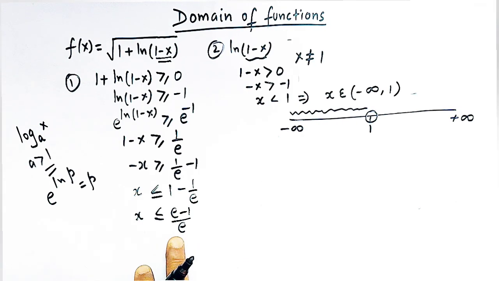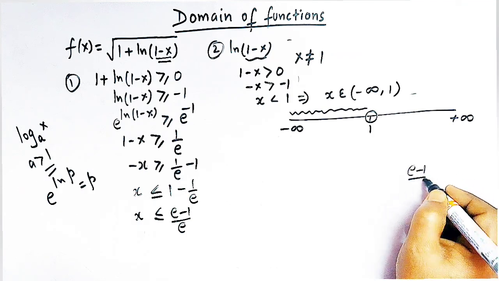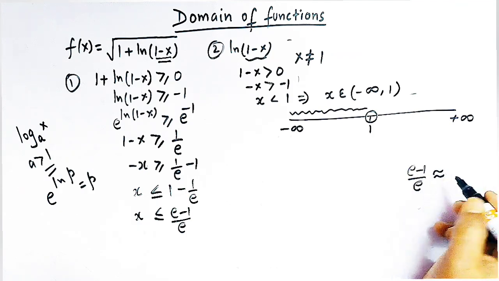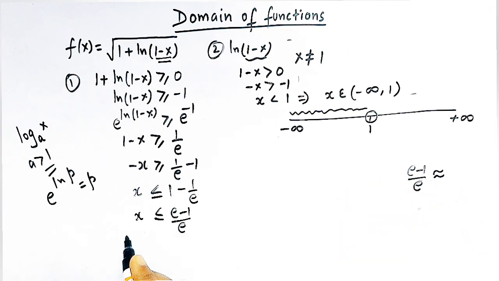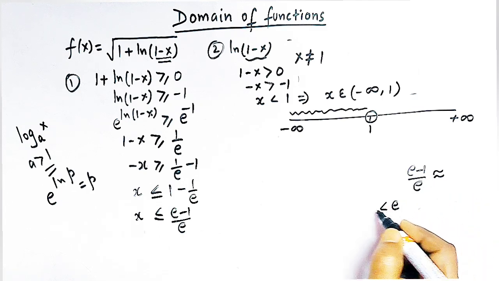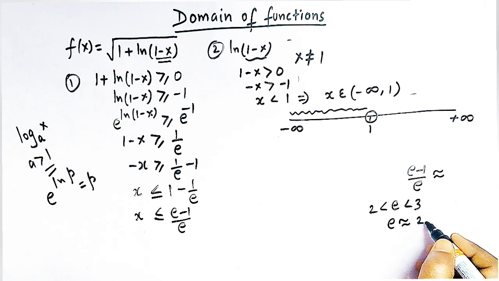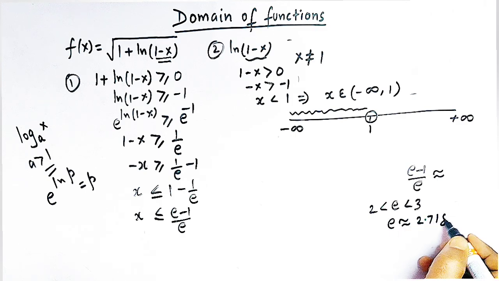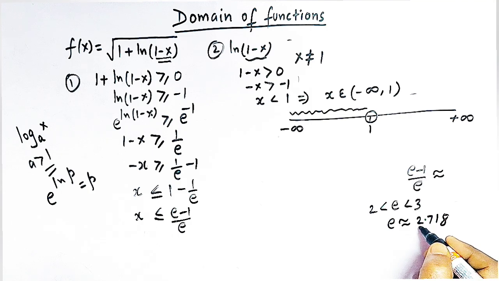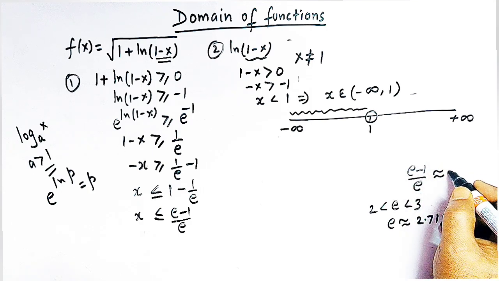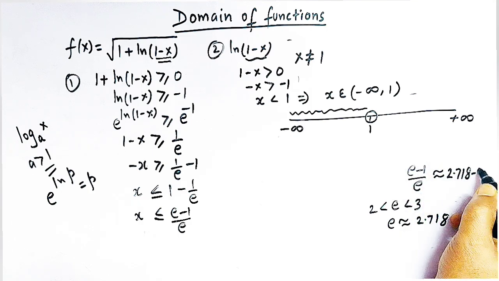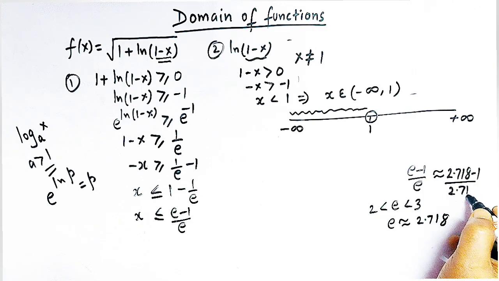So now let us find out the value of e minus 1 over e. So we'll find out the approximate value of this expression, right? Because here we have x less than or equal to e minus 1 over e. Now we know that e lies between 2 and 3, and the approximate value of e is 2.718, right? So if we substitute this value of e in this expression, we have 2.718 minus 1 over 2.718.